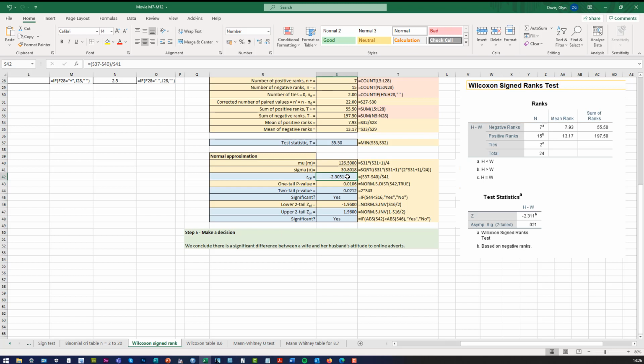In the book, you'll see some information about that, but they're comparable. So the two-tailed p-value is 0.021, and we had 0.021. So you get basically the same results, just a slight difference.